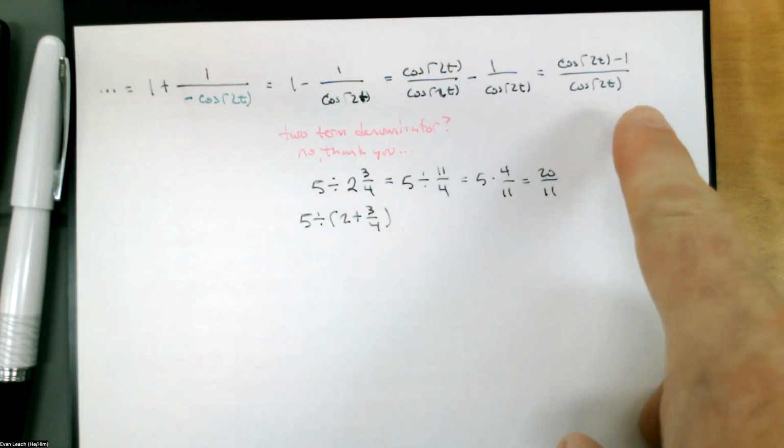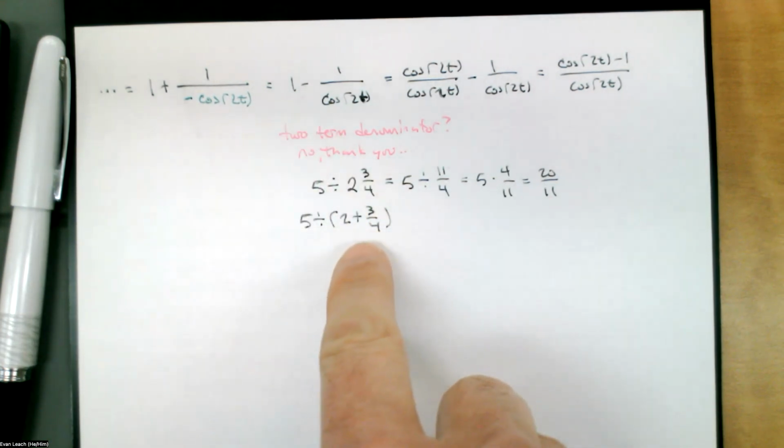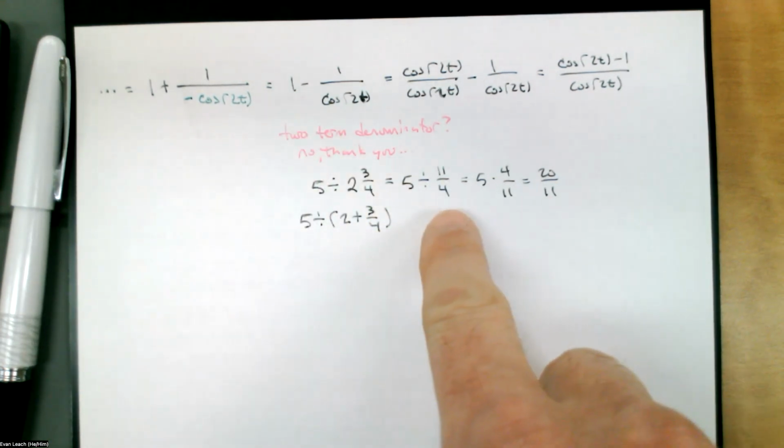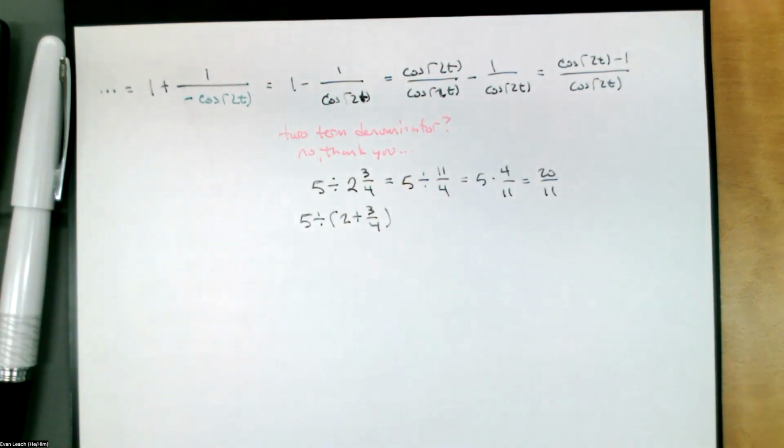As a denominator, improper fraction is better than mixed number. Two terms in your denominator, mess. One term in your denominator, nice. If you're thinking, man, I should have taken an algebra class, you wouldn't have remembered from an algebra class, so it's okay. I would have reminded you the exact same way.